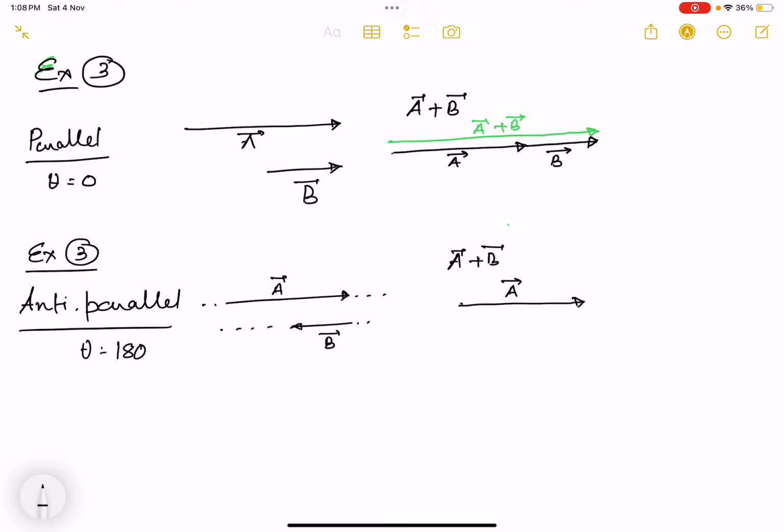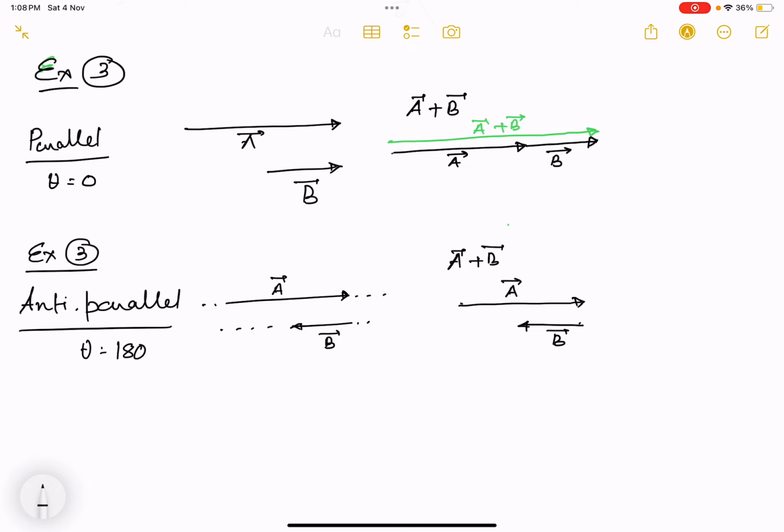Now what do I do? A के head से B का tail. If I do that, I'll have to draw on the same line, and that will make it a little clumsy. So normally we draw it slightly shifted. A के head से B का tail आएगा, and then wherever B goes. Okay, so this is my vector B.